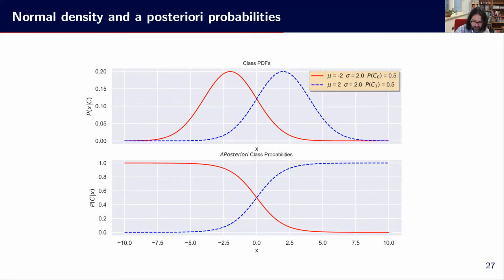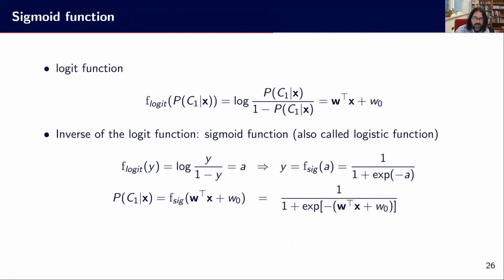This is interesting because we can see that the model here with the sigmoid function, with the logit function, is a way to represent a discriminant function, a linear model. In fact, that is a linear model, but inside that sigmoid function. So basically, we have our linear model on which we apply the sigmoid function, which gives us the posterior probability. So the posterior of C1 is equivalent to the sigmoid applied to the linear model.